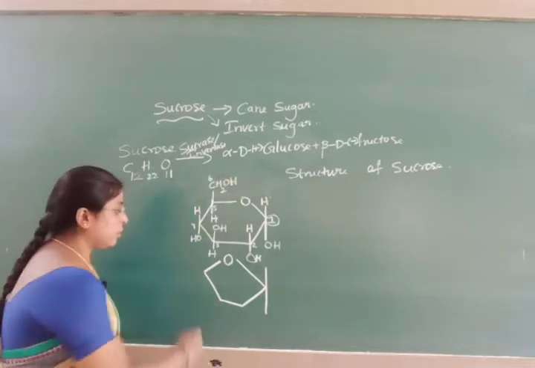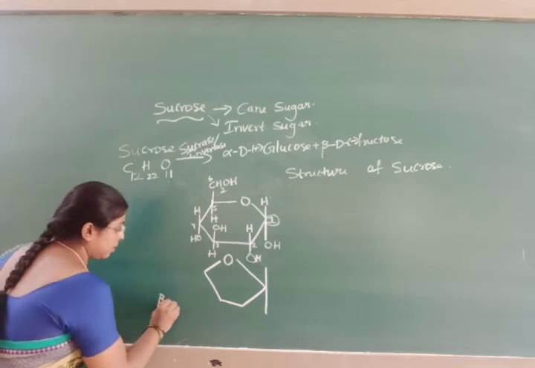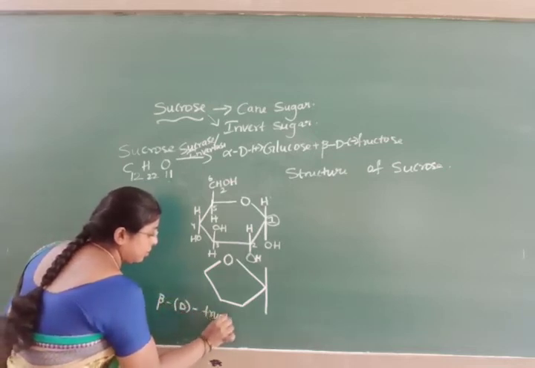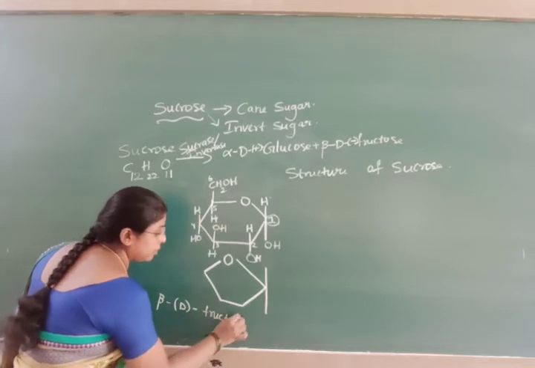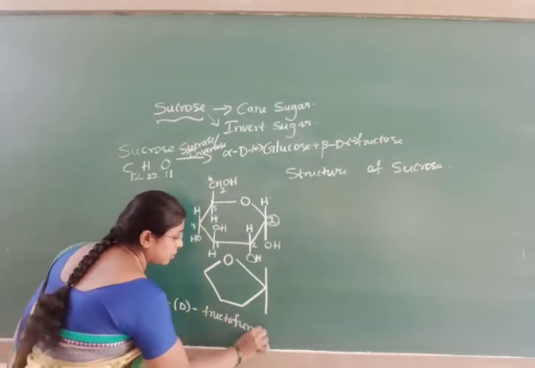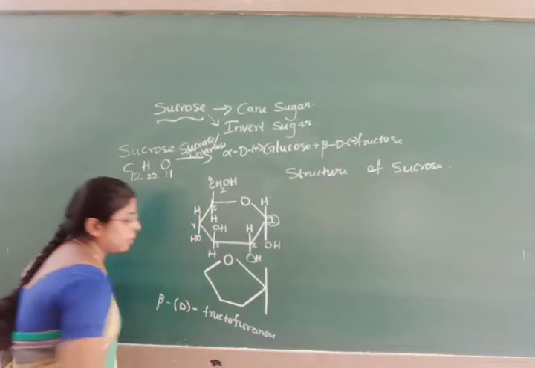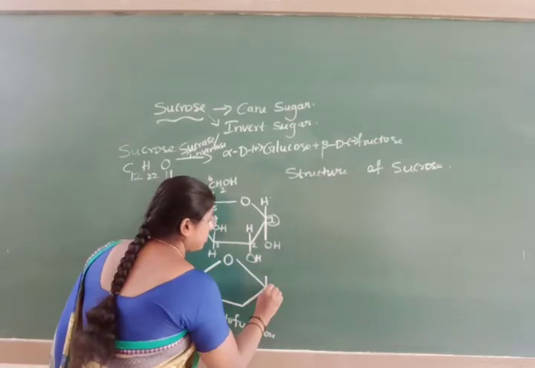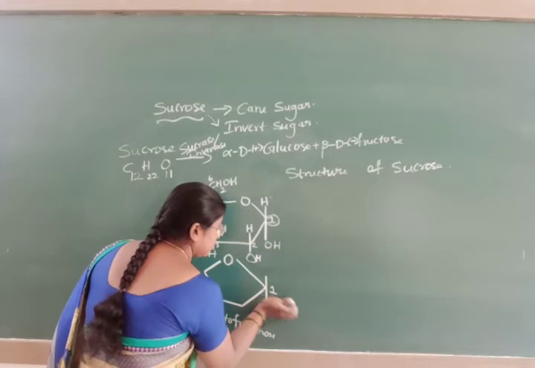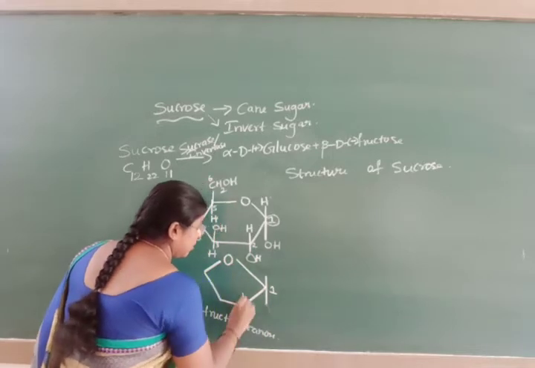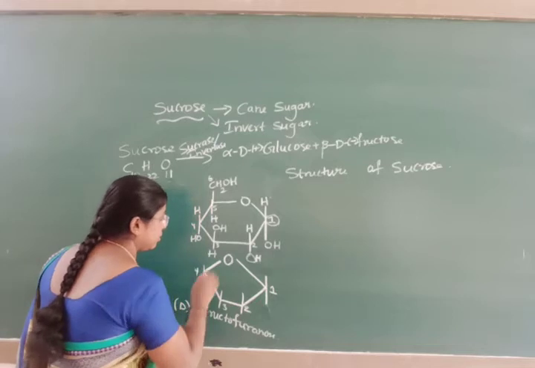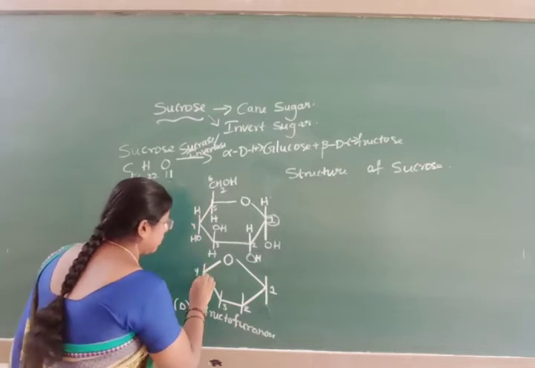Similarly for fructose, this is beta D minus fructose, in terms of the furanose structure. It has a first carbon, second carbon, third carbon, this is the fourth carbon, and above you get the fifth one.